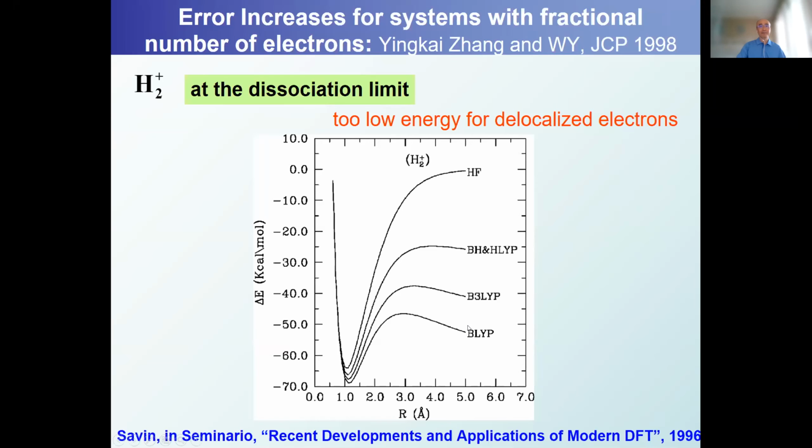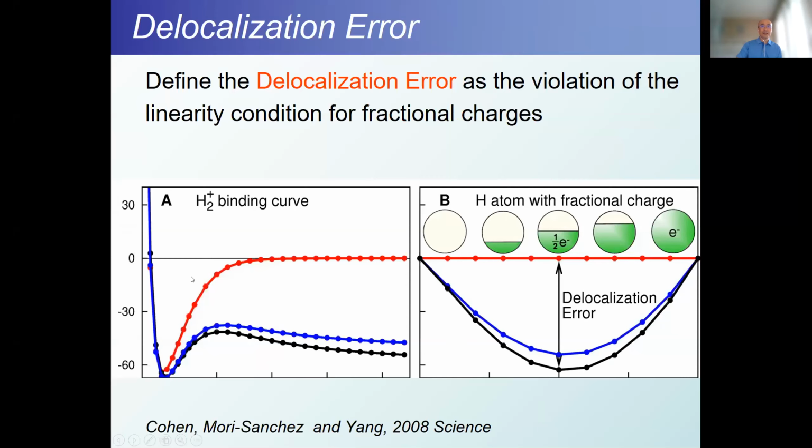So what we learn is that for the H2 plus dissociation curve, we see a failure of DFT, but we don't know what's wrong. But when we analyze in terms of fractional charge, we know what is wrong with the functional mathematically, and it is systematic. So that's the hope, that we can use that information to build corrections.